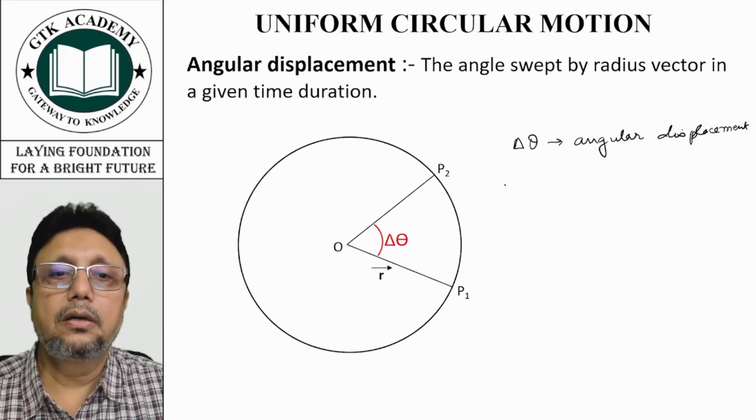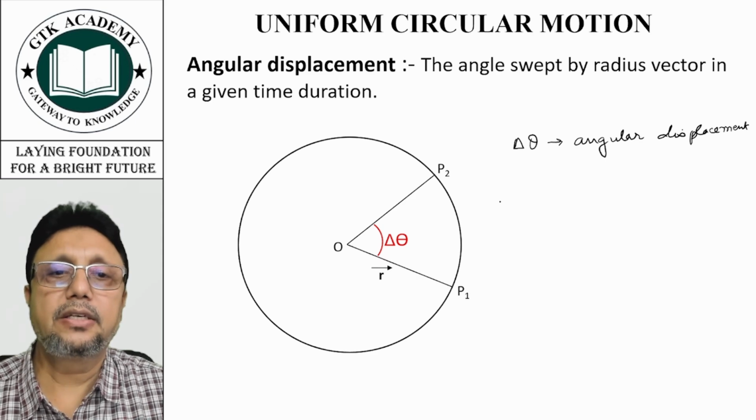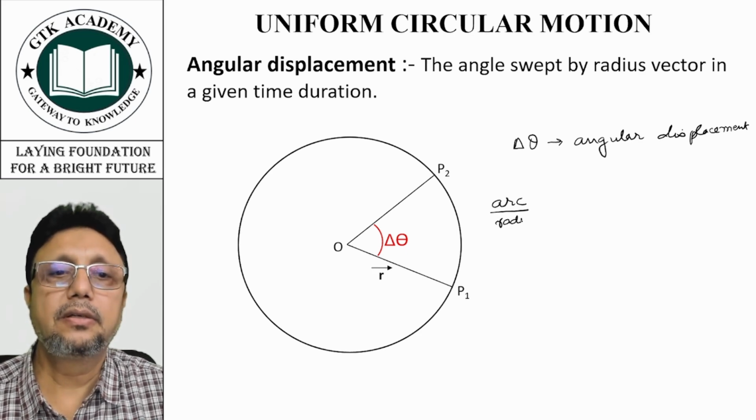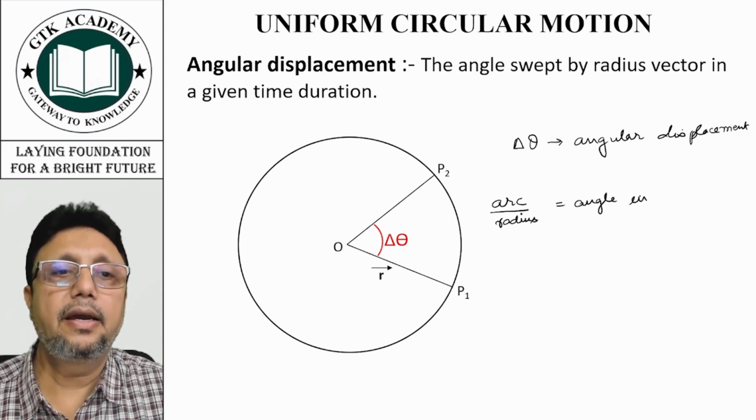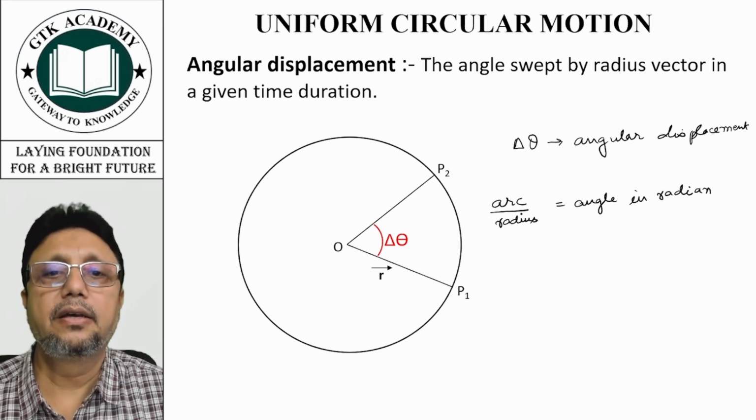Now you all must have studied in your junior classes a very important theorem of geometry: arc upon radius is equal to angle in radian. This you all must have read.